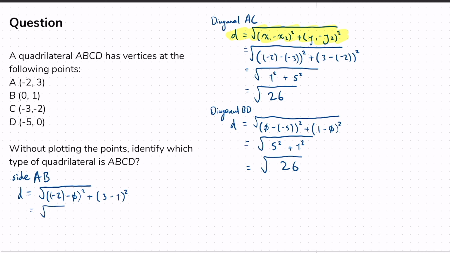Well, that comes to minus 2 squared plus 3 minus 1, so that's 2 squared. Well, that's going to be equal to the square root of 8. So what about side BC? Now if this is also the square root of 8, then this is going to be a square.